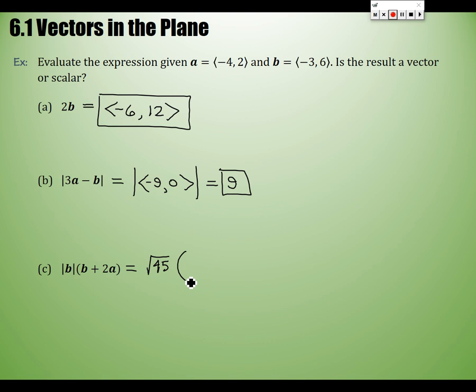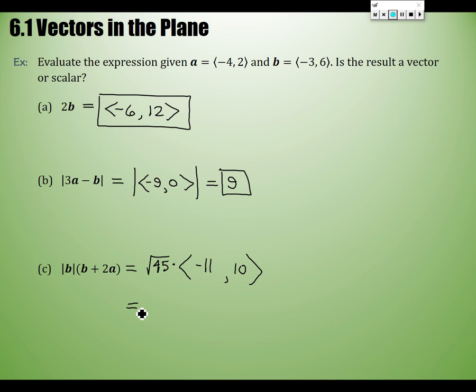And what's b plus 2a? Let's say what that is here. B plus 2a is, say it again? Negative 11, 10? Okay. So, by the way, 45, can we do that?